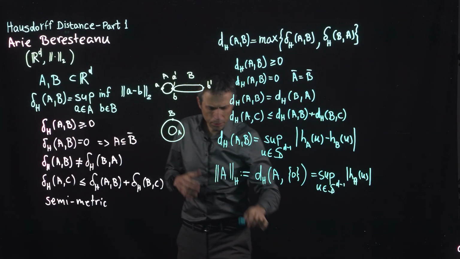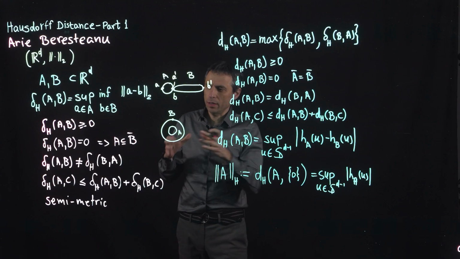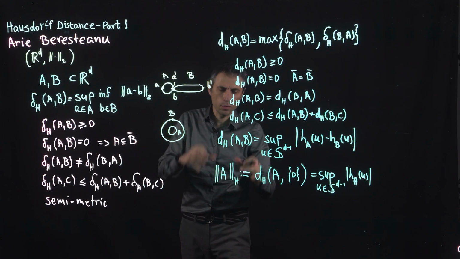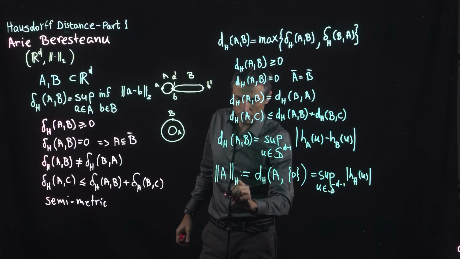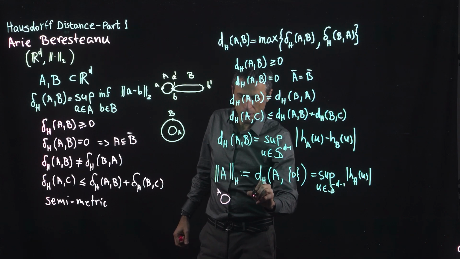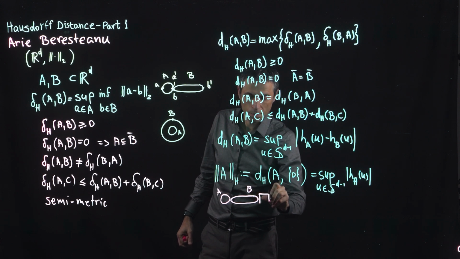Let's see some pictures just to see that the triangle inequality is working in our distance. If this is the set A, this is the set B, and this is the set C, they don't have to be the same shape.